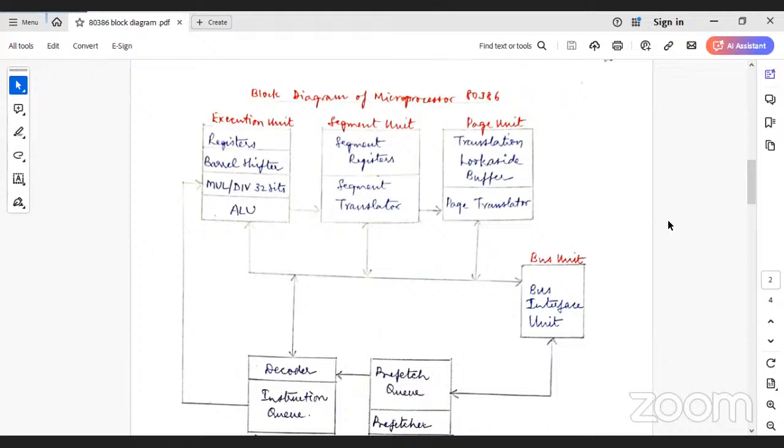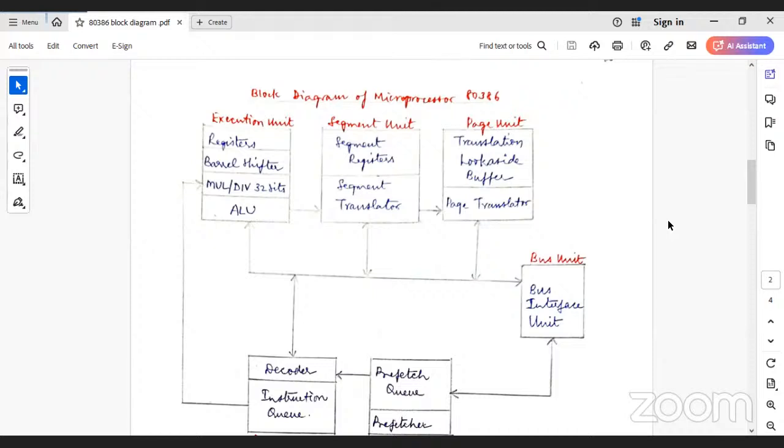Only one bit is there: a PE bit in a control register of 386. If the PE bit is 1, then paging is supported. If it is 0, then you can simply overlook that property. That is how the paging unit, or paging, was optional with 386.